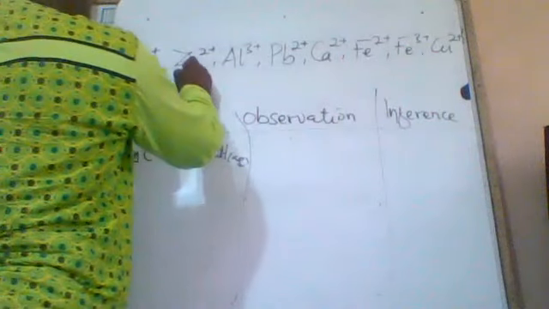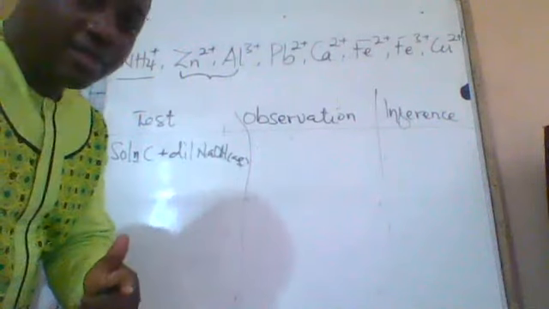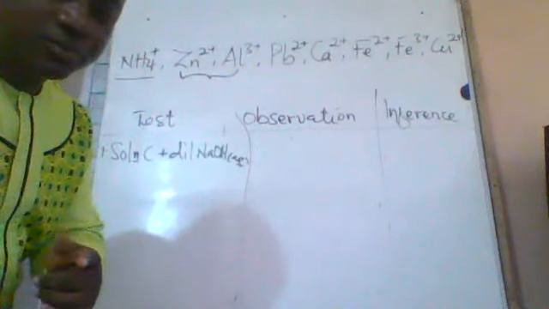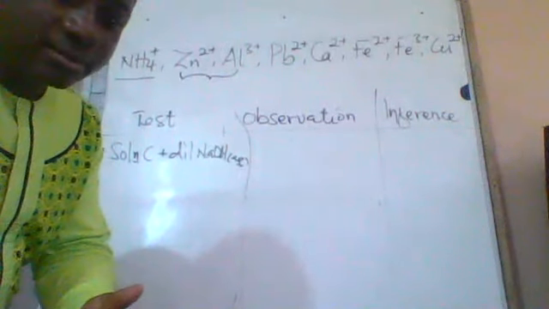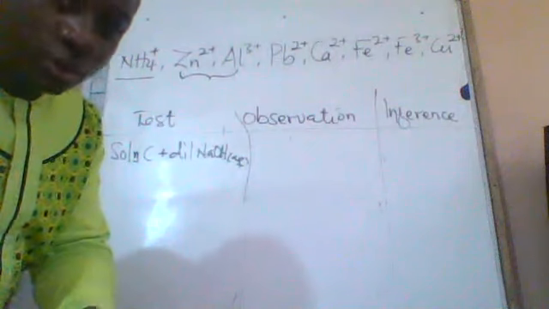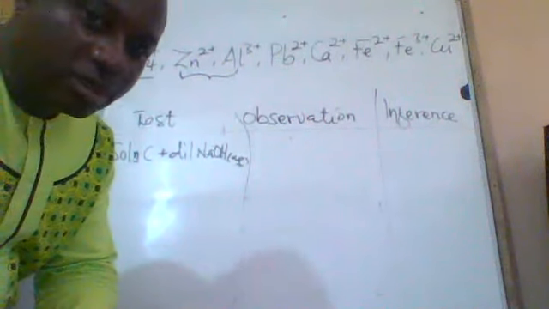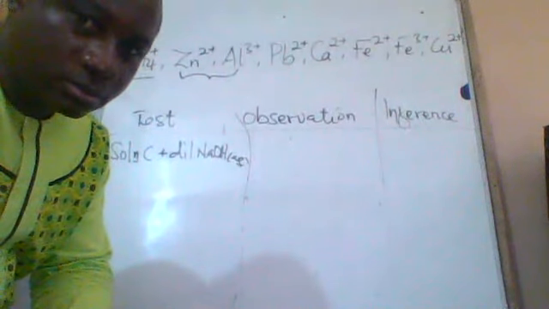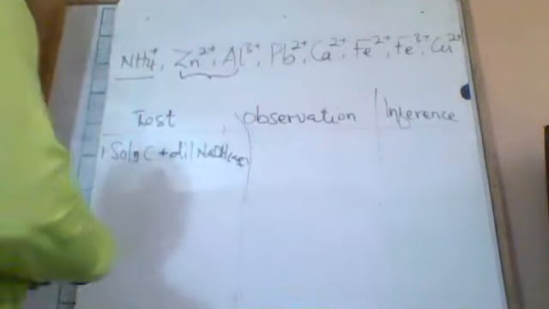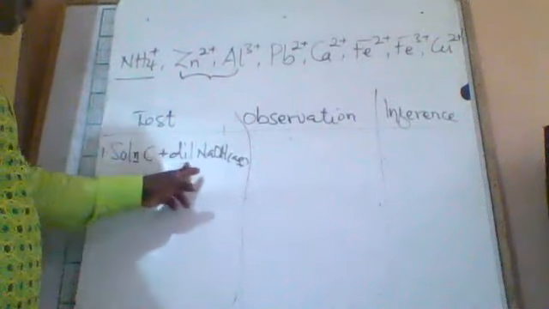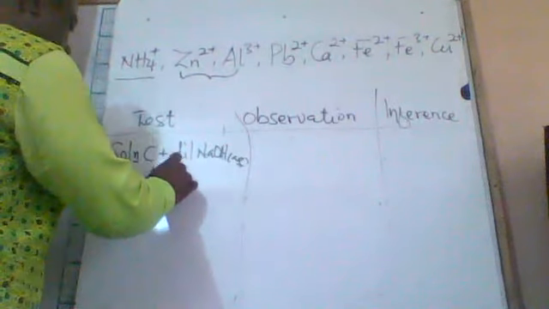Now, these two, Zn2+ and Al3+, when you add the dilute sodium hydroxide in drops, you form white gelatinous PPT. So solution C plus dilute sodium hydroxide in drops.